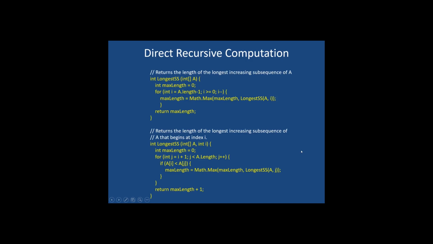Now, this is often an easier way to do it. So here's the direct recursive computation. We want to find the longest increasing subsequence of an array. And so what are we doing in that loop right there?